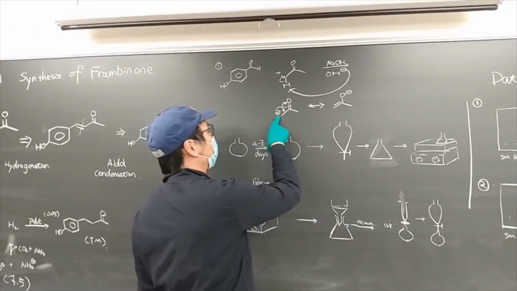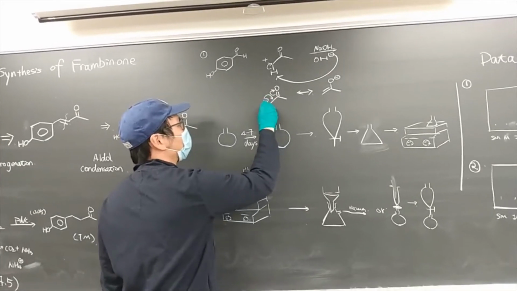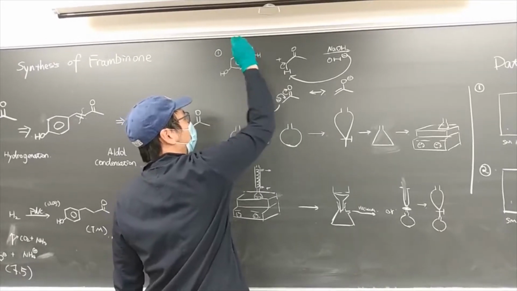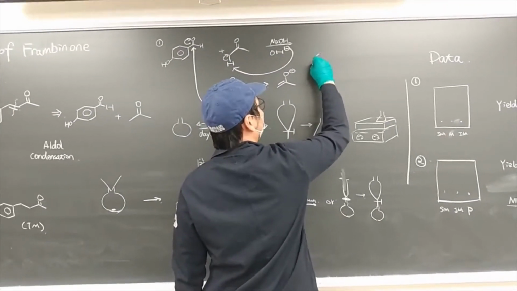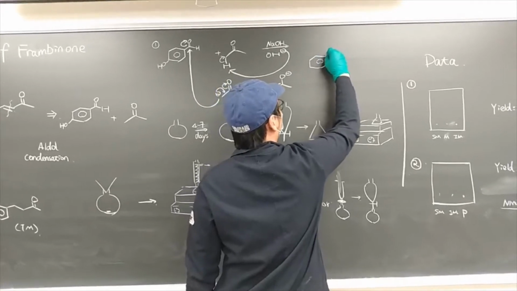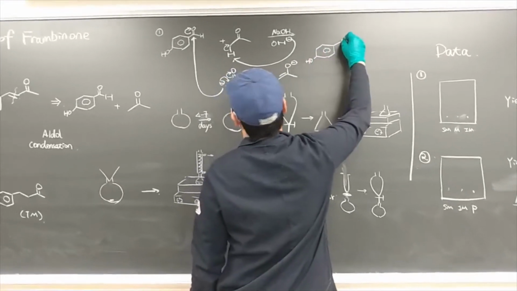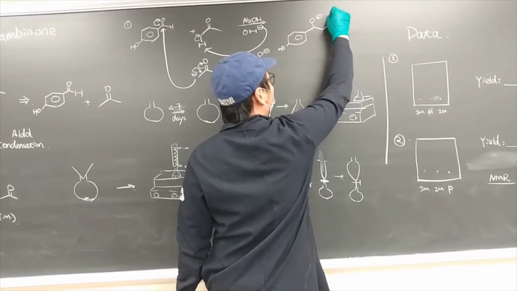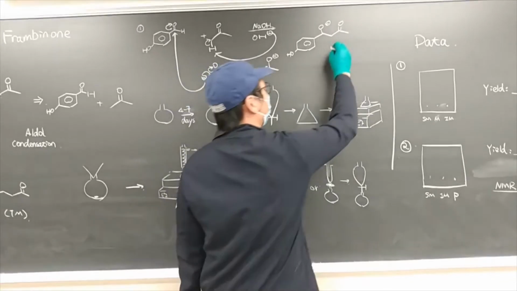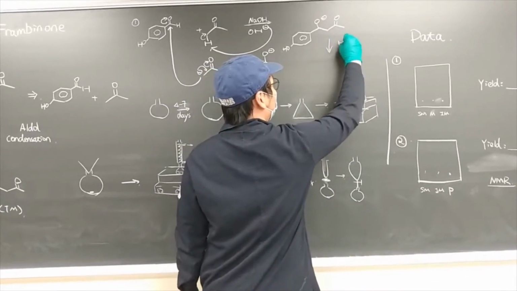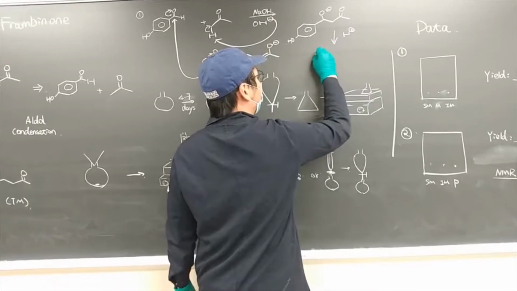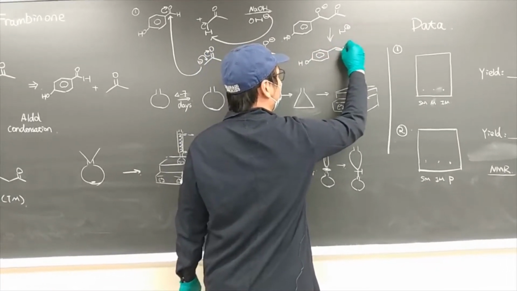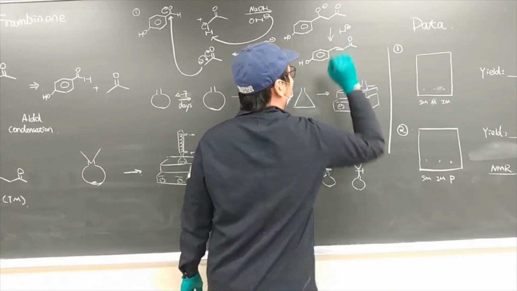And with the anion here, we can use that to attack the C=O double bond. We'll kick the electron to here, and through one-step reduction, and it's the acid here, we will have, through the one-step elimination, a double bond, an unsaturated ketone.